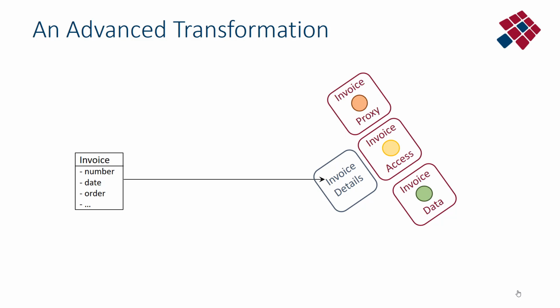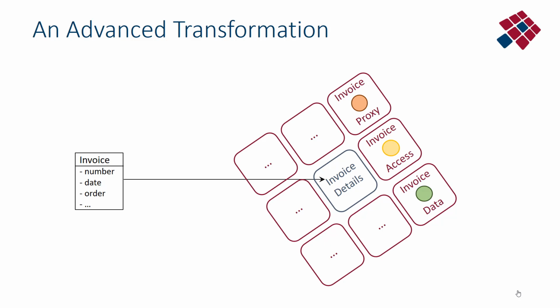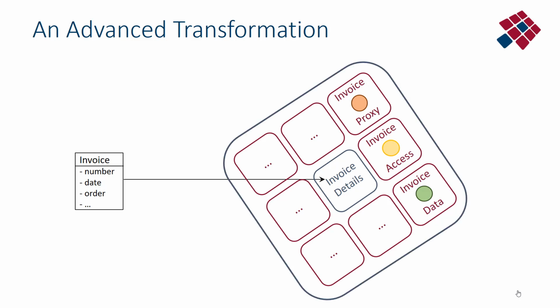For instance, for the data entity, not just a data transfer object, but also several classes encapsulating the cross-cutting concerns, encapsulating the dependency of the frameworks implementing the cross-cutting concern. And such a set or collection of classes we call an element. For instance, for the entity invoice, an invoice element.